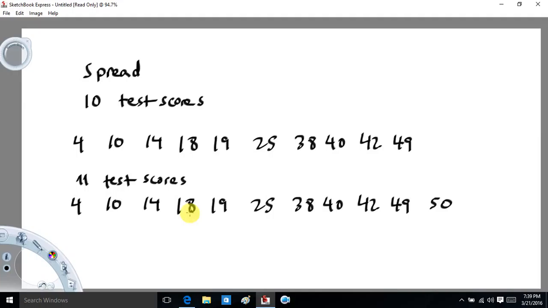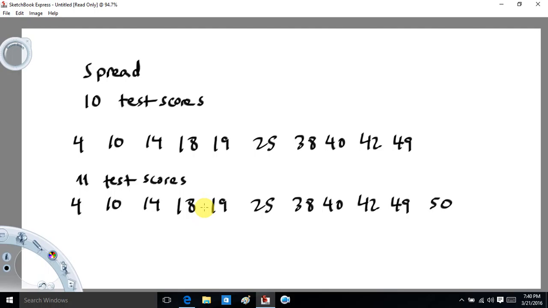Okay, so if we want to find the quartiles, we can use the quartiles to determine the spread.